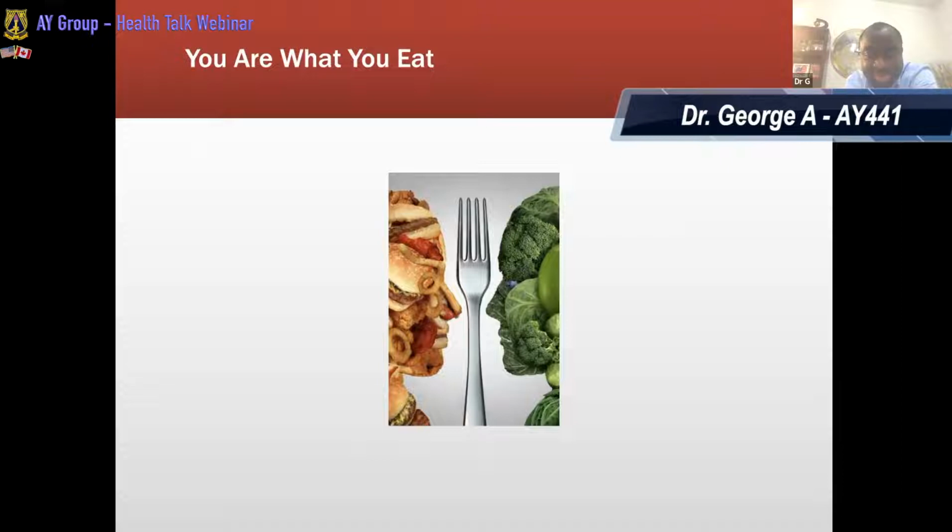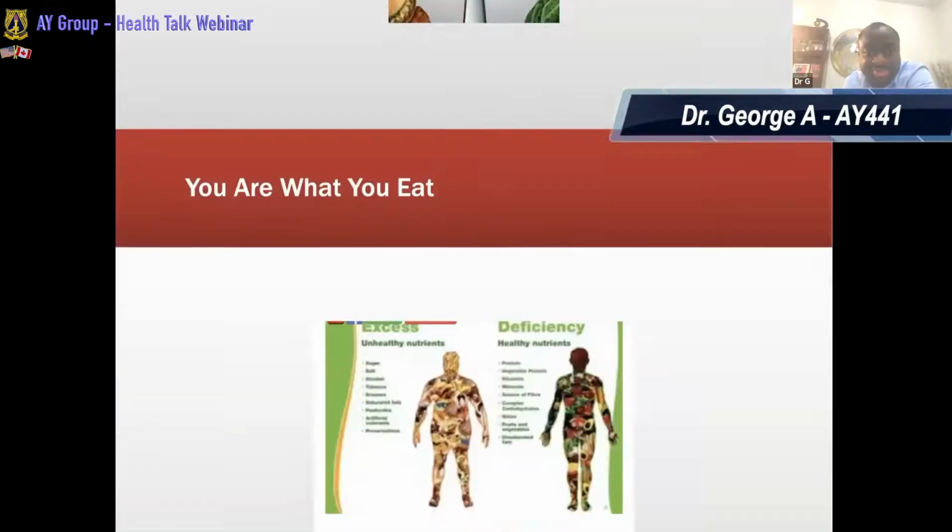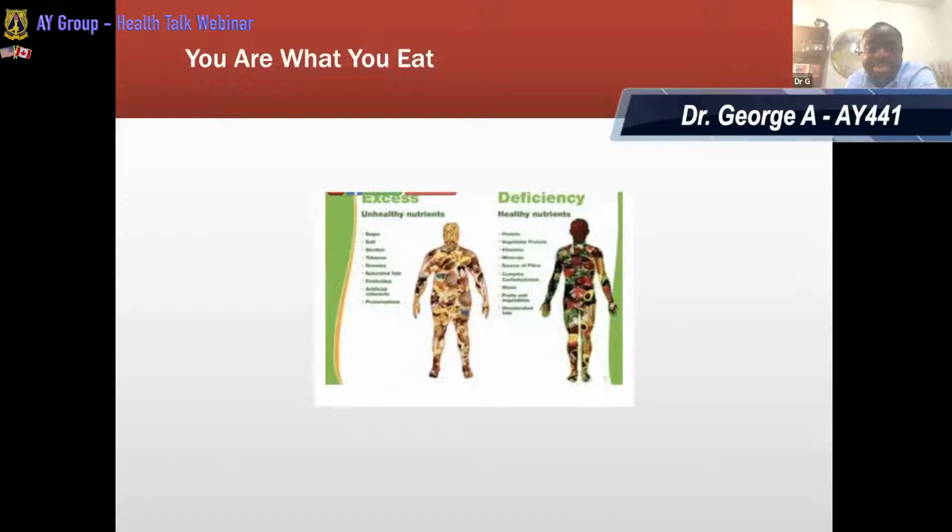So please, I'll urge everybody, it's hard, but we can all try our best. We should all make a conscious effort to eat right, to be like the person on the right side in the image and not the left side, because that's full of diseases.